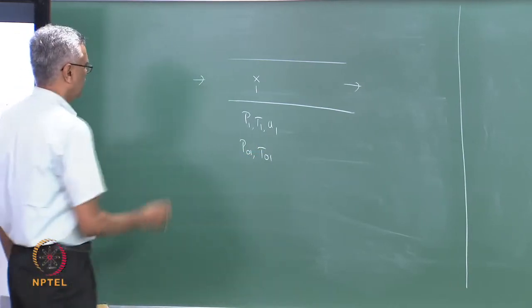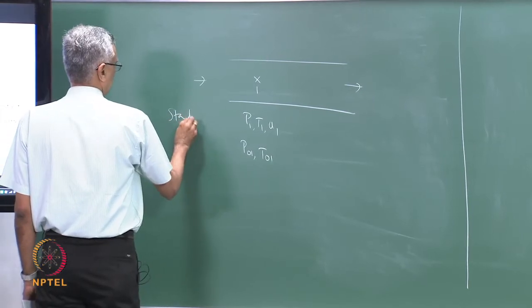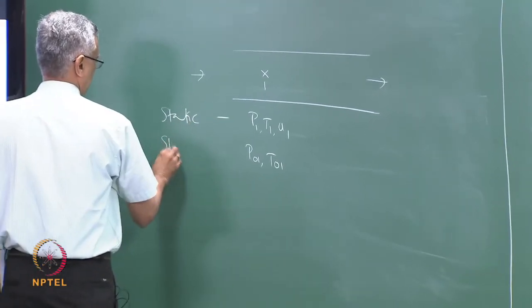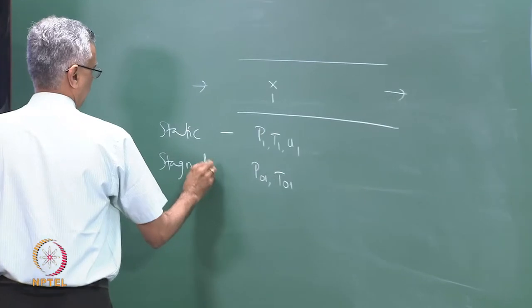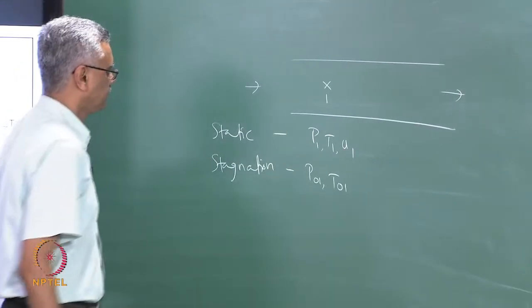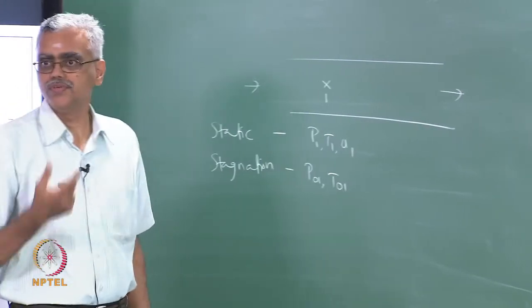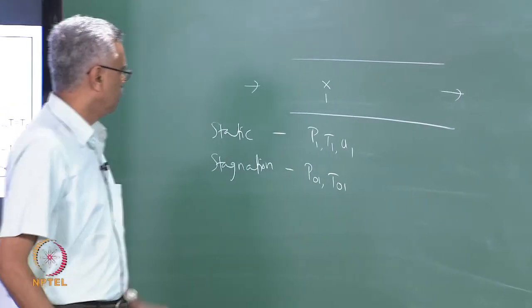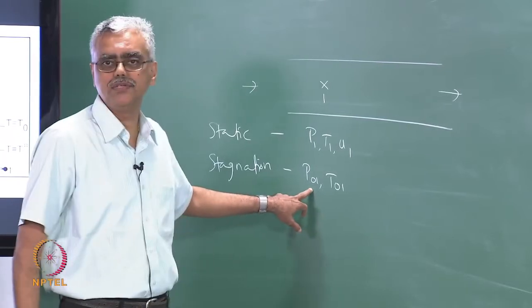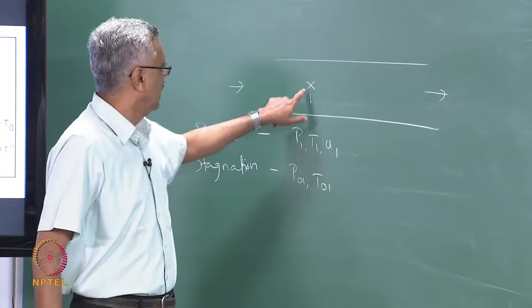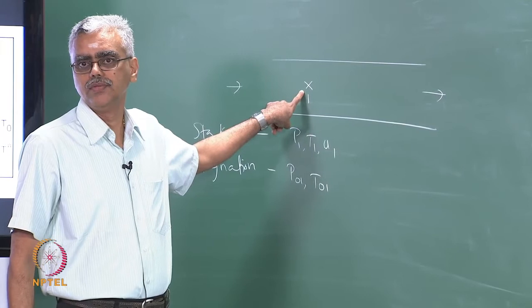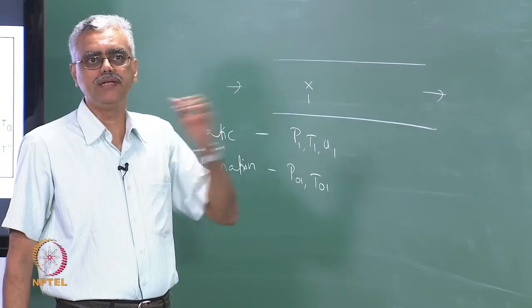These are the stagnation condition, this is the static condition. P01, T01 and rho 01, which we can calculate easily. Now the stagnation quantities P01 and T01 at this point depend upon what we did before.